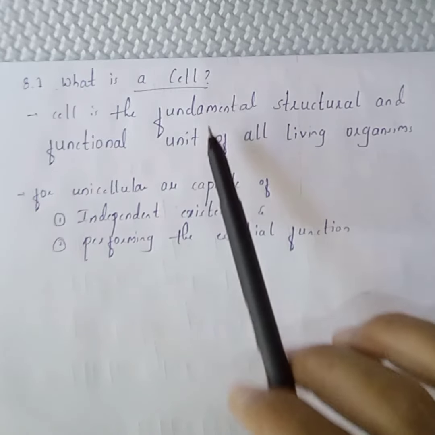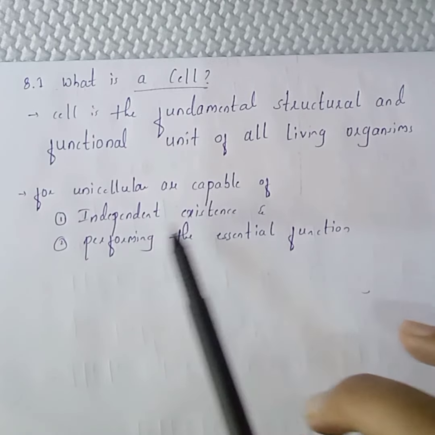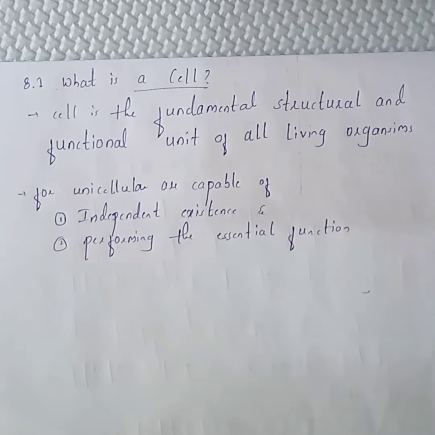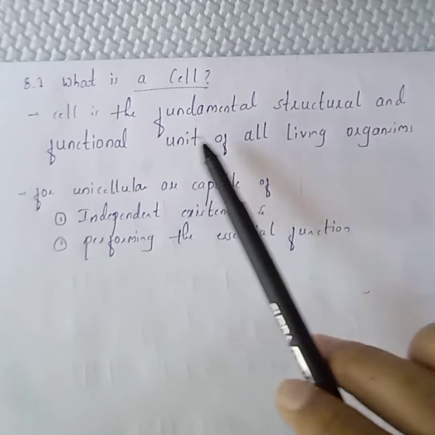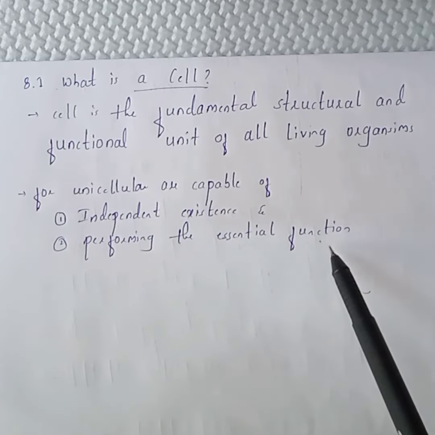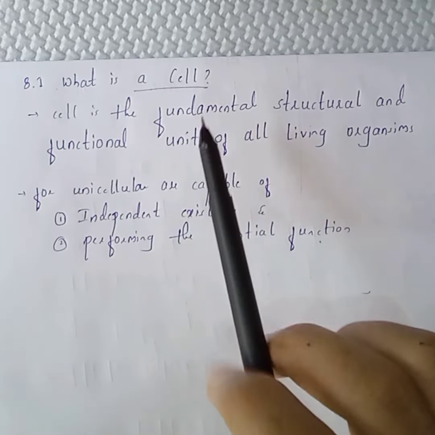How do you conclude this? Unicellular organisms are capable of independent existence. The single cell exists independently and performs the essential functions. That is the functional unit. Essential functions mean whatever the unicellular organism does, the metabolic functions like digestion, respiration, or making some juices; the cell does all those things.